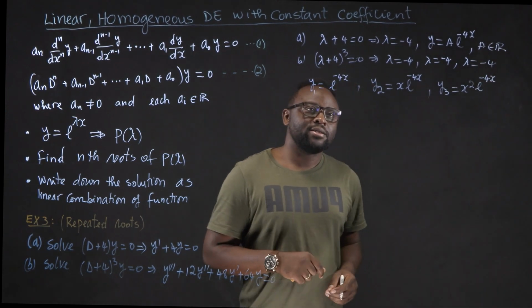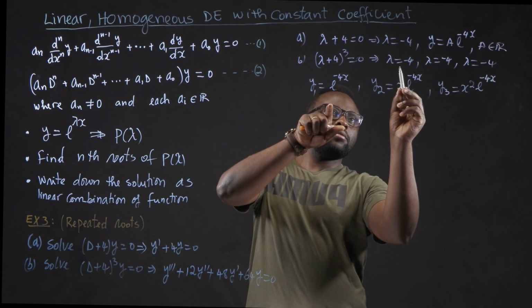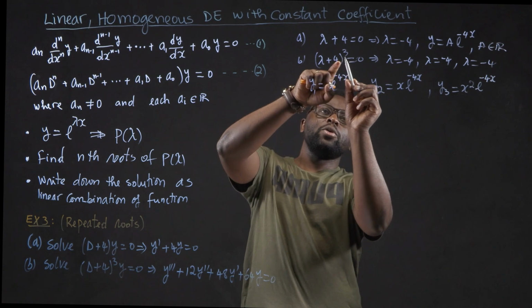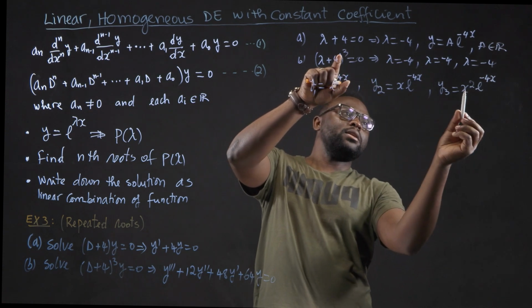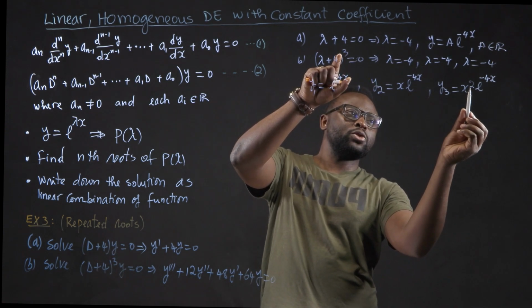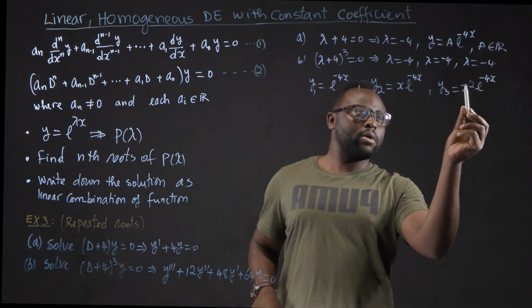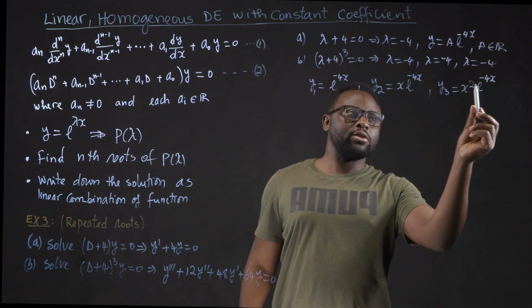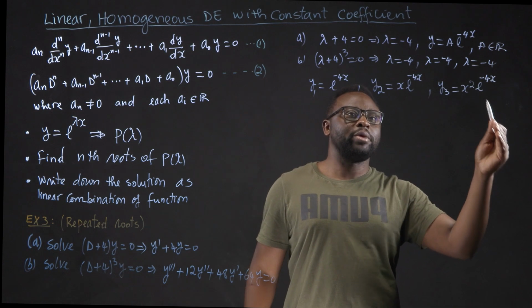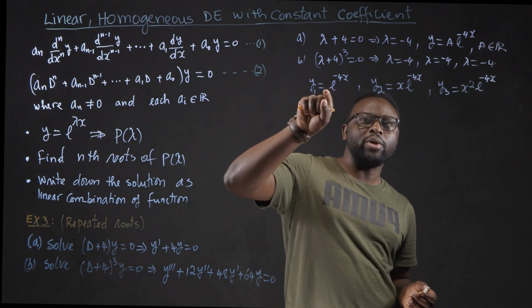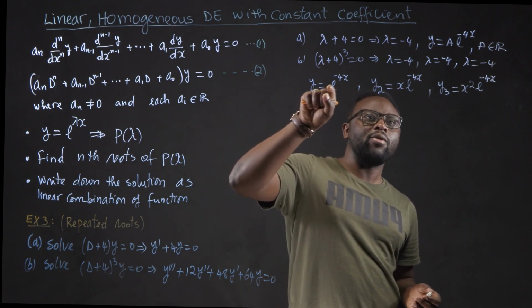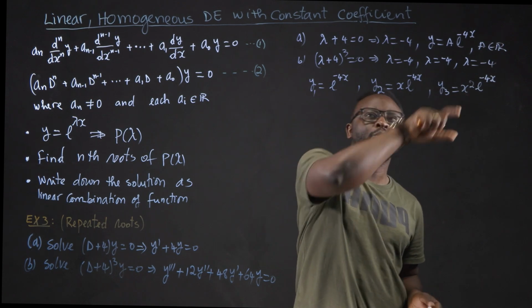Basically, here we have a polynomial of order 3, so the power of x should stop at n minus 1, because you start with x to the power 0, x to the power 1, and x to the power 2.